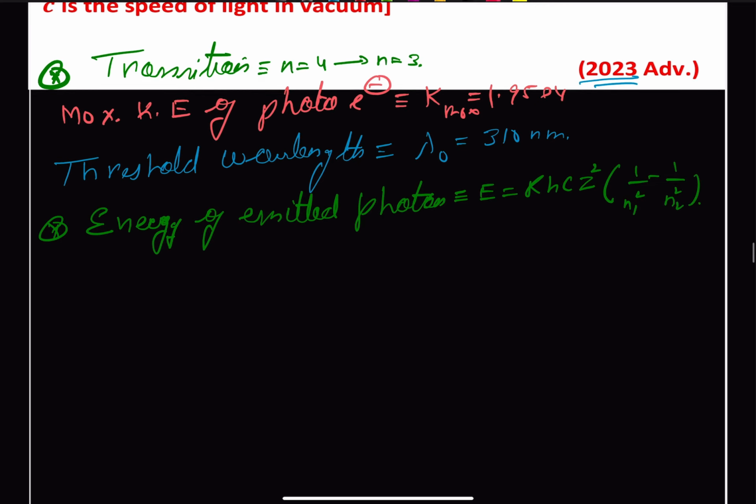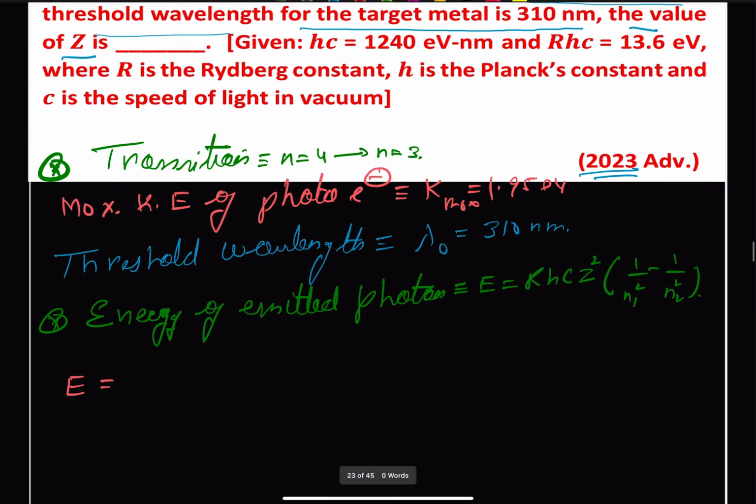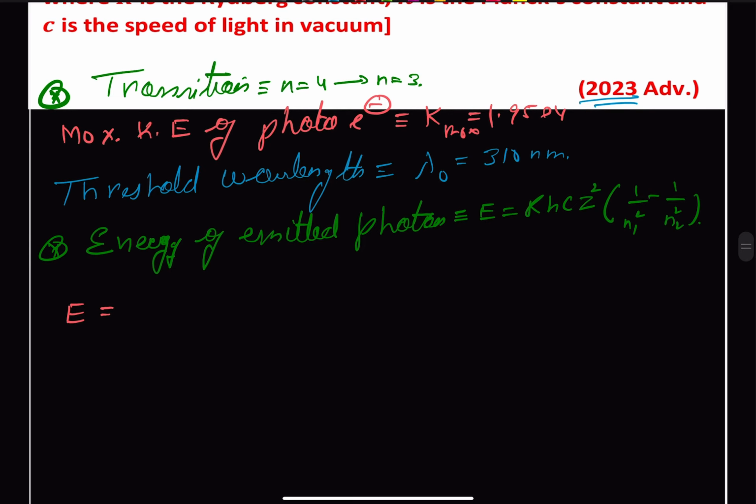Except Z and E, all the values are known to us. Therefore we can say our energy E will be, RHC is given to us as 13.6, Z square, value of N1 and N2 is known to us, so this comes as 1 upon 3 square minus 1 upon 4 square.